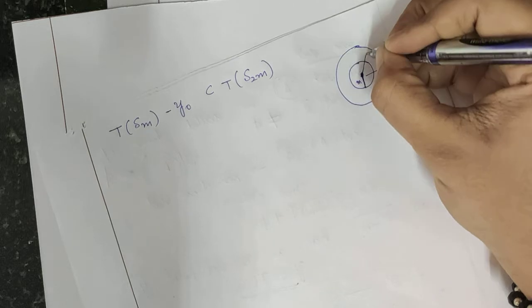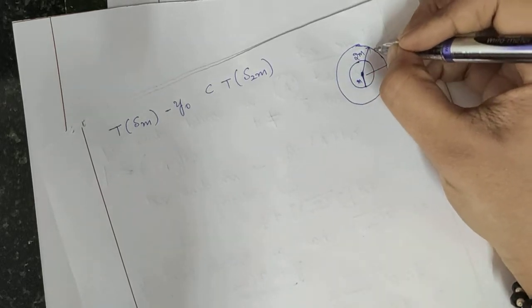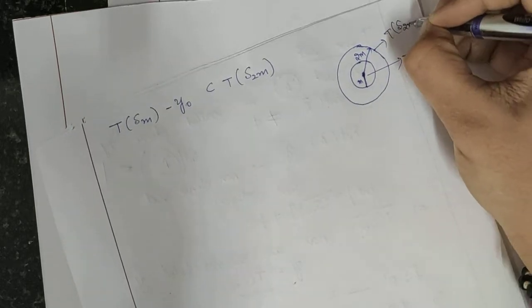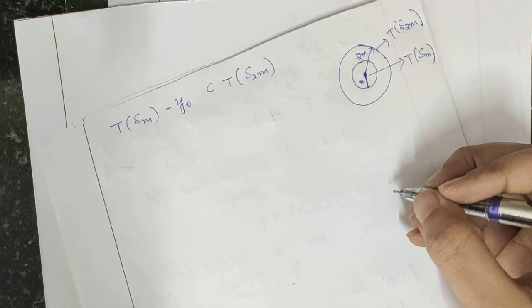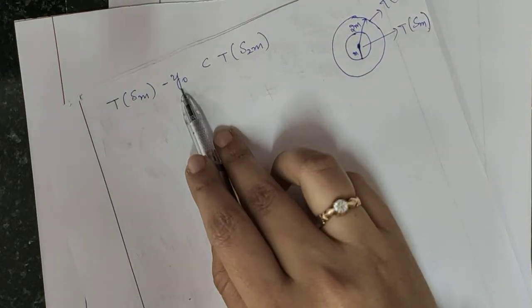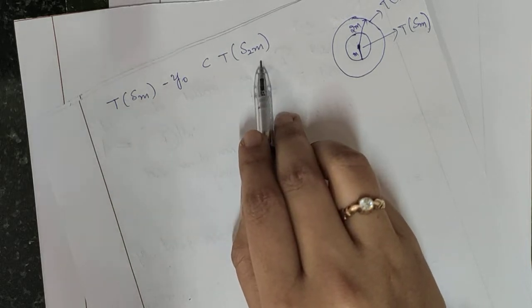From the center to here it is 2m, and we are denoting the image of this sphere as T of S to M. We have to prove that T of Sm minus y0 is a subset of T of S to M.